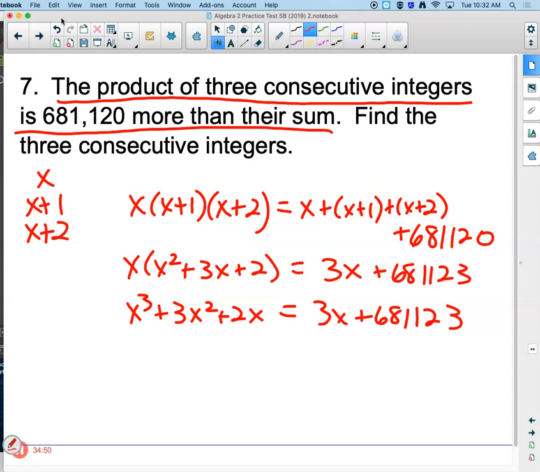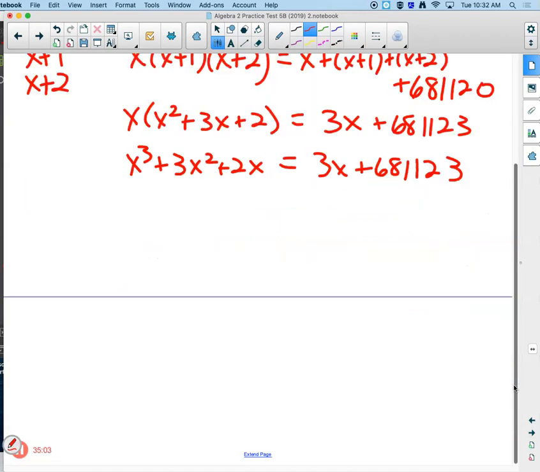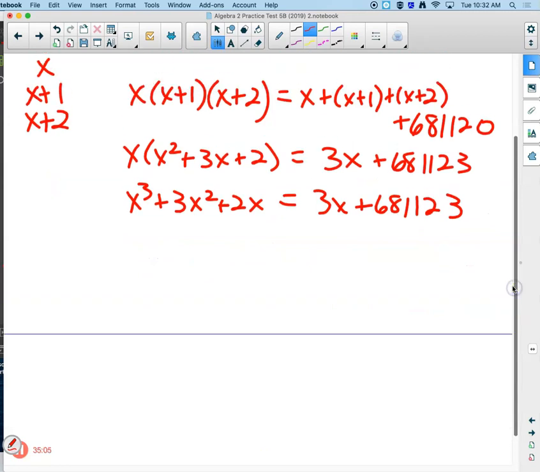Considering what we just did, is this calculator ready? No, because what do we want? We want a 0 on one side, so we are going to have to move some things over. We'll have to subtract 3x, and we'll have to subtract 681,123.